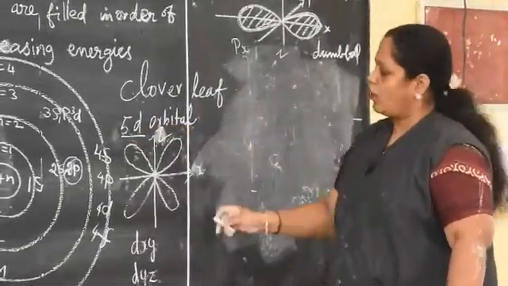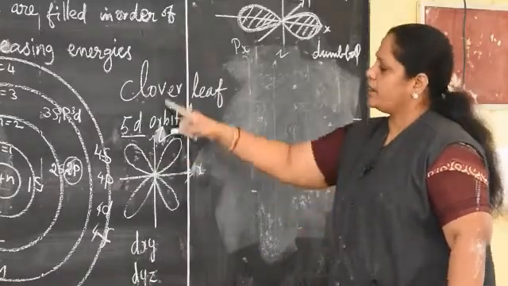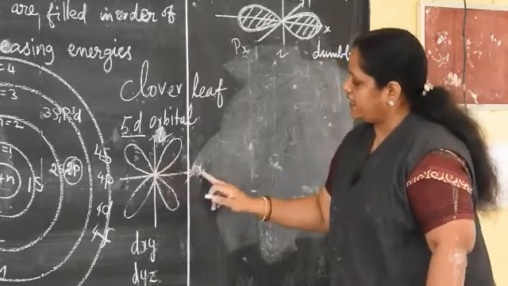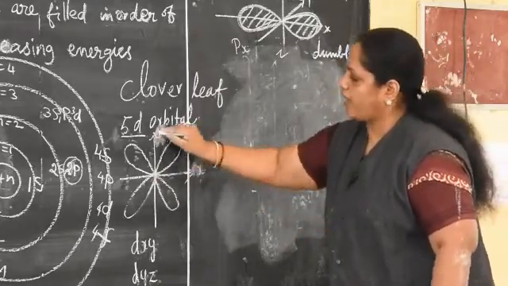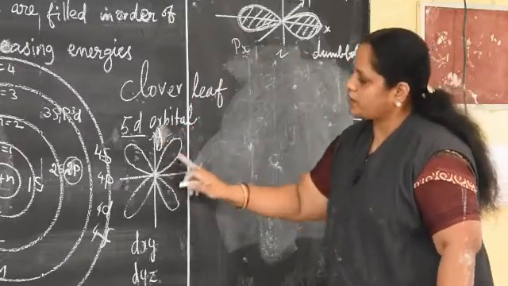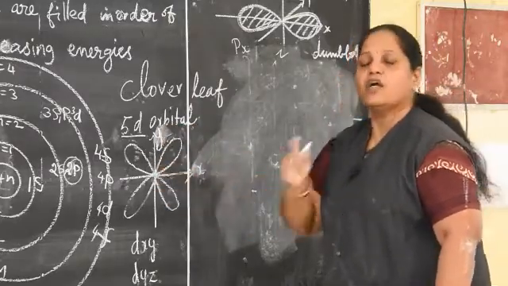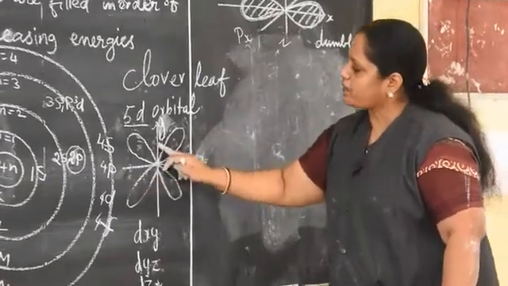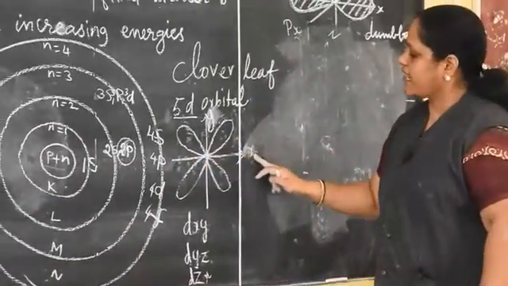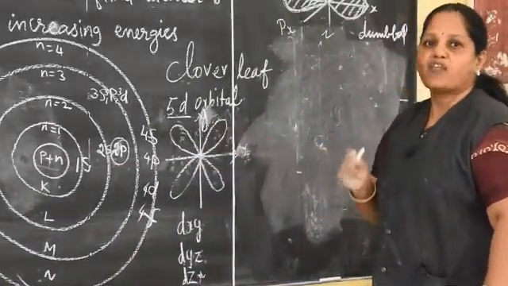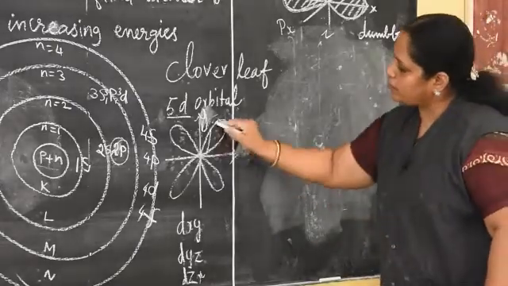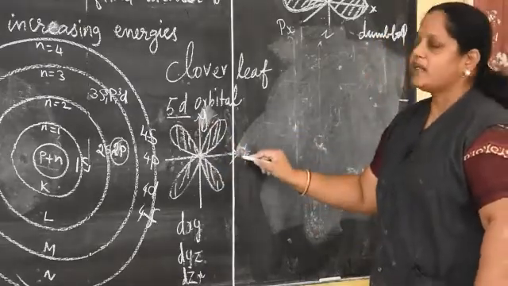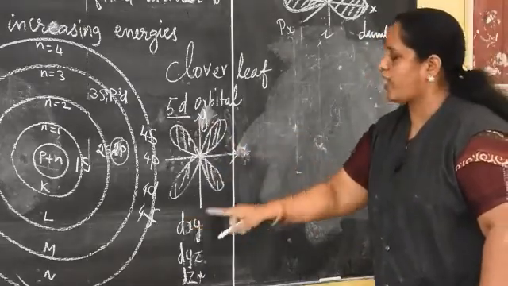Here I write the x-axis and the y-axis. There are two dumbbells, lying in between the axes, x and y. The probability of finding an electron is maximum here and here only, so this orbital is represented as the dxy orbital.